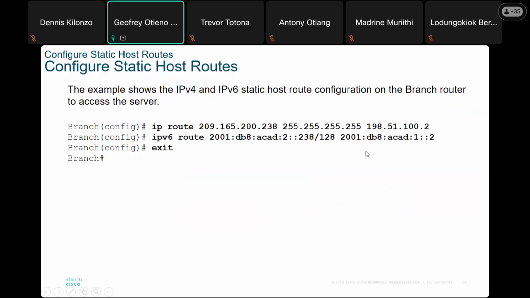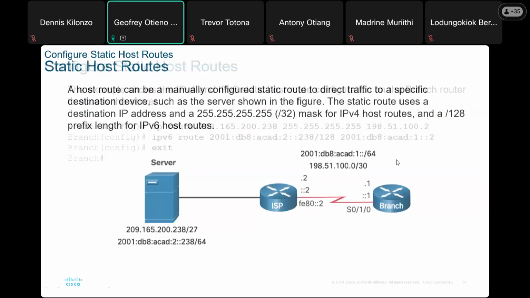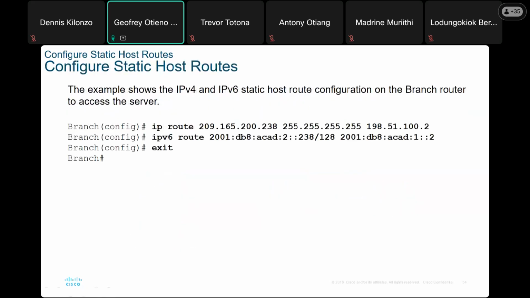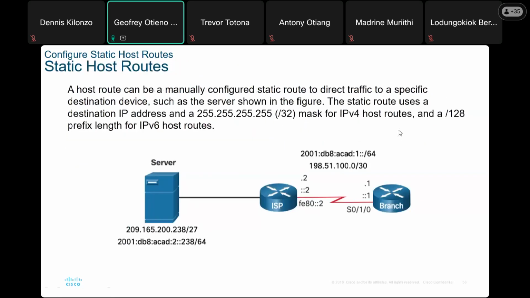Sorry, I'm misleading you. It's supposed to be the entire thing, prefix 32 bits, not 27 bits. So that's actually what you're going to have: 255.255.255.255.